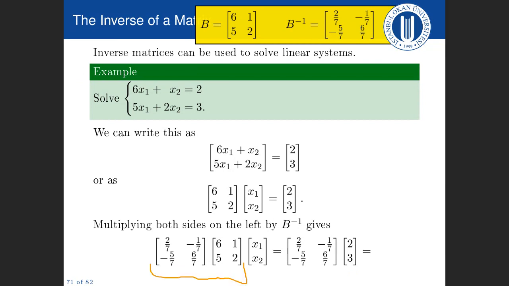But what is B inverse multiplied by B? That's just the identity. So on the left, we just have identity multiplied by x1, x2. In other words, on the left, we just have x1, x2. And on the right, we have a 2 by 2 matrix of numbers multiplied by a vector of numbers. We can calculate that. The solution to this linear system is x1 is equal to 1 over 7, x2 is equal to 8 over 7.